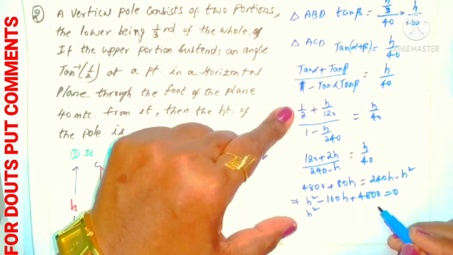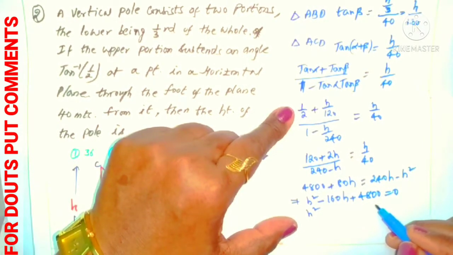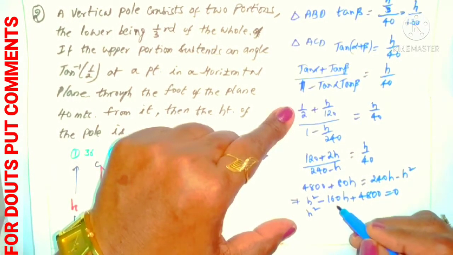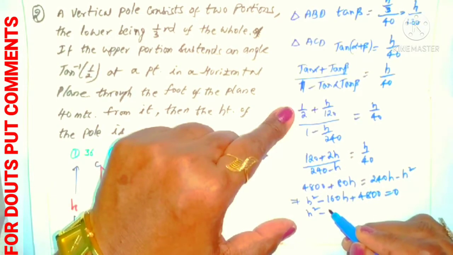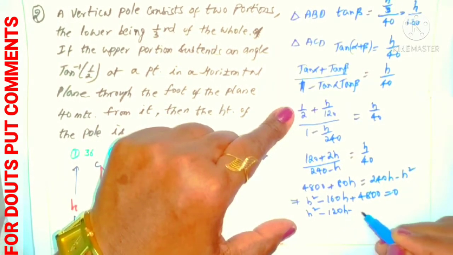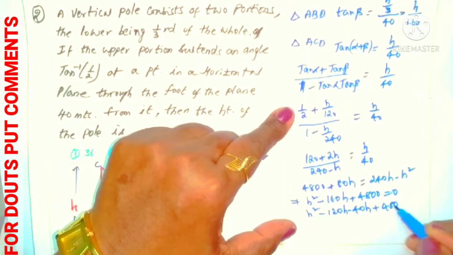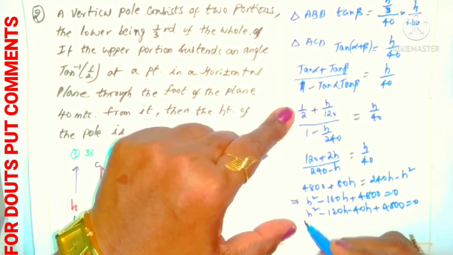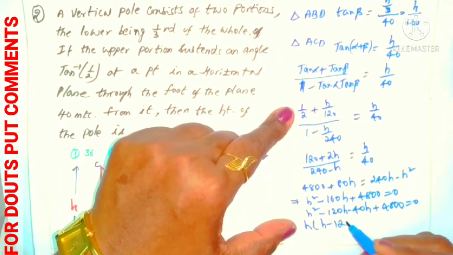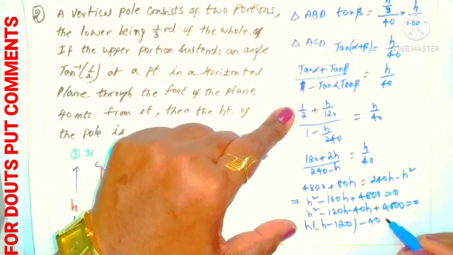Now we can factorize it. 4800 we can write as 120 times 40. 120 times 40 is 4800, and 120 plus 40 is 160. Therefore, factorizing, h square minus 120h minus 40h plus 4800 equals 0. H is common, h minus 120, minus 40 is common, h minus 120 equals 0.